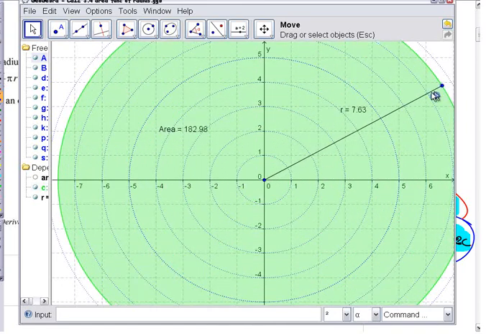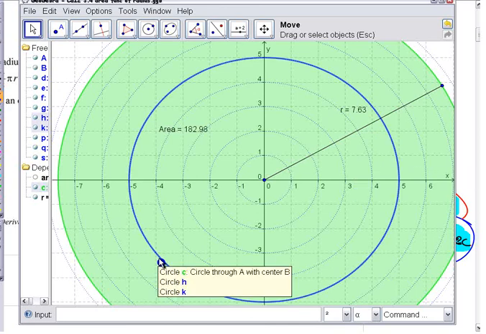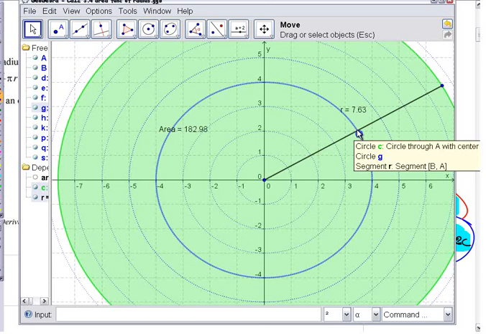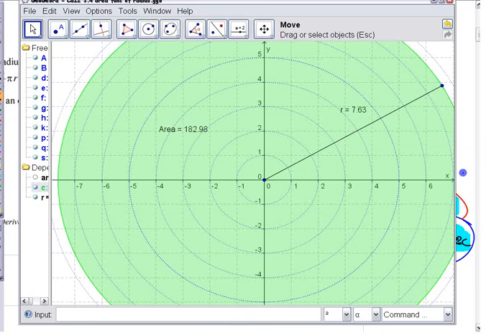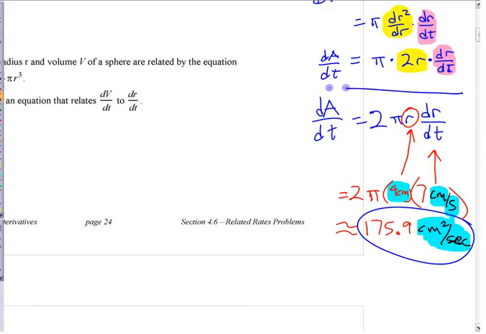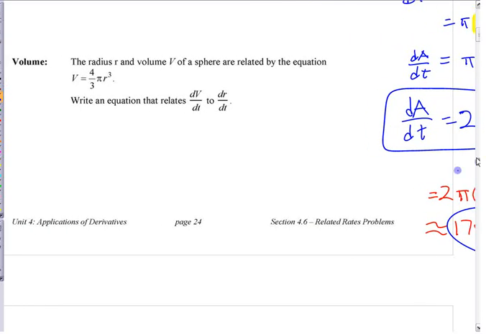You could work out the average change in area from one point to another, but we're talking about the instantaneous rate of change and how they're related. This formula relates how the two rates are related to each other. Does that make sense?